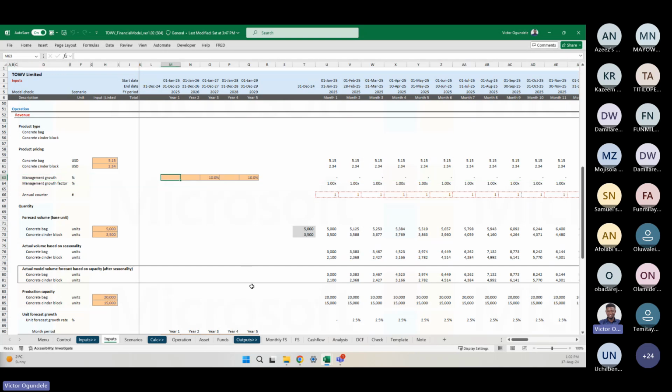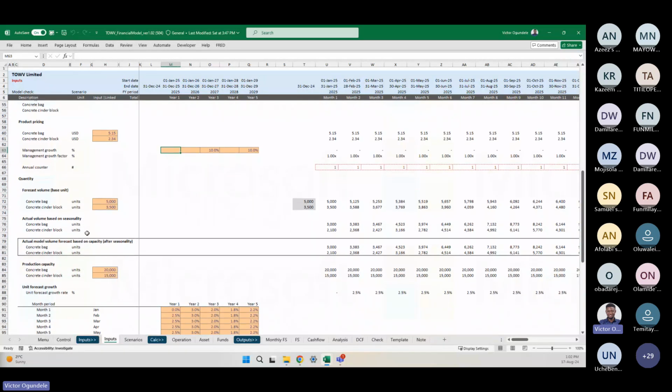And remember that we mentioned the management growth excludes the pricing inflation factor. So the pricing inflation factor is for us to be able to make provision for time value of money.